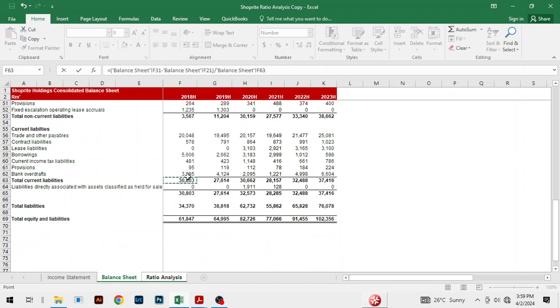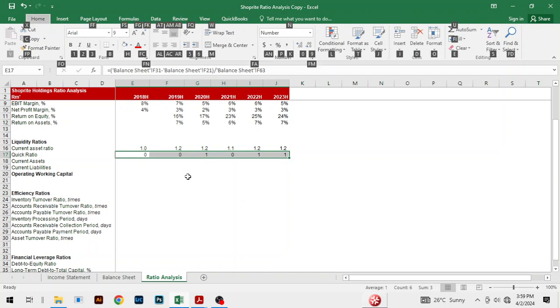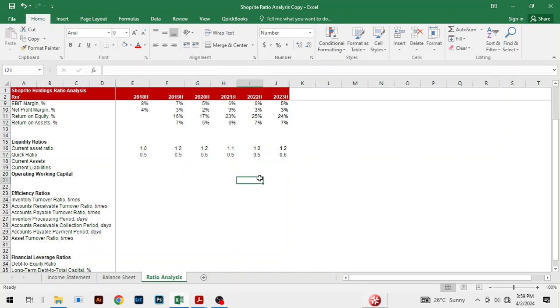So the total here, right? So we are seeing that it's actually bad without inventory. Shoprite is in a bad shape. It can't cover all the current liabilities, right? All the current obligations that are likely to fall due within a year.